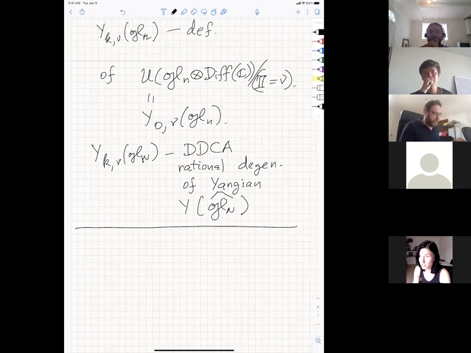I will explain first some construction of this. The construction that I gave is not very convenient because it doesn't give you a presentation of this thing, and also it doesn't allow you to easily study its representations.